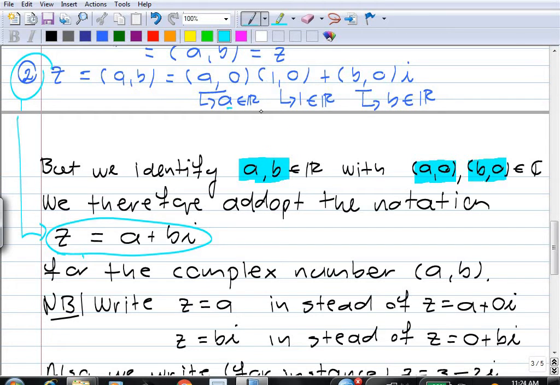And we don't write this (1, 0) here, we just write 1 and therefore omit it, because (1, 0) is the complex number we associate with the real number 1. And same thing here, we don't write (b, 0) anymore, we just write b, because (b, 0) is the complex number we associate with the real number b. So we can now write every complex number in this form: z is a plus bi. Of course here a and b are real numbers.